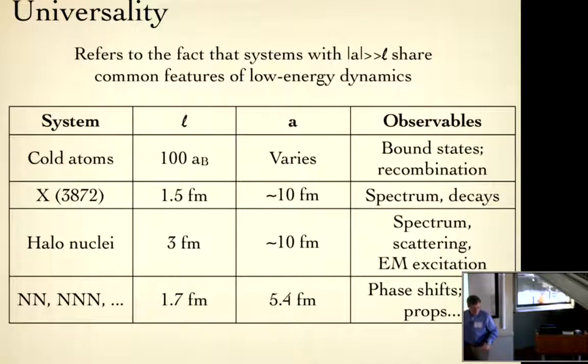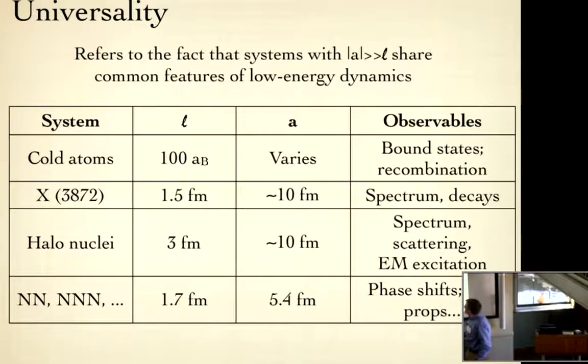By low energy, I mean wave number of order 1 over A, right? So in all of these systems, there are different things that can get measured with more or less trouble, right? And the argument here is that all of these observables bear signatures of the large scattering length.